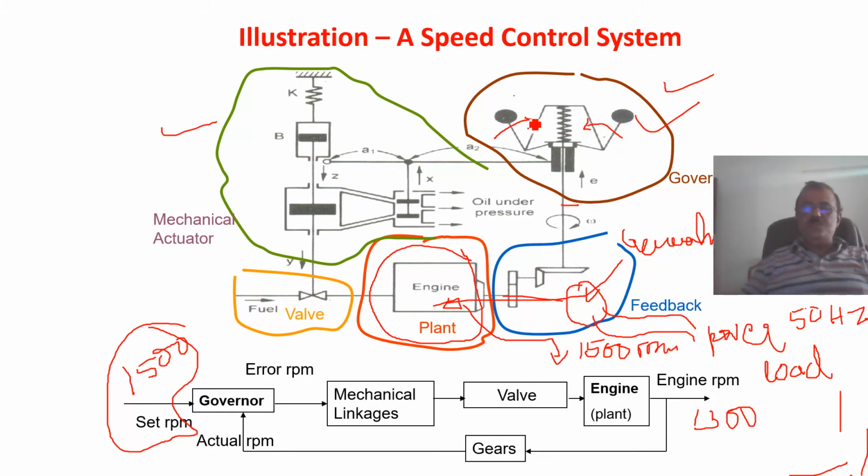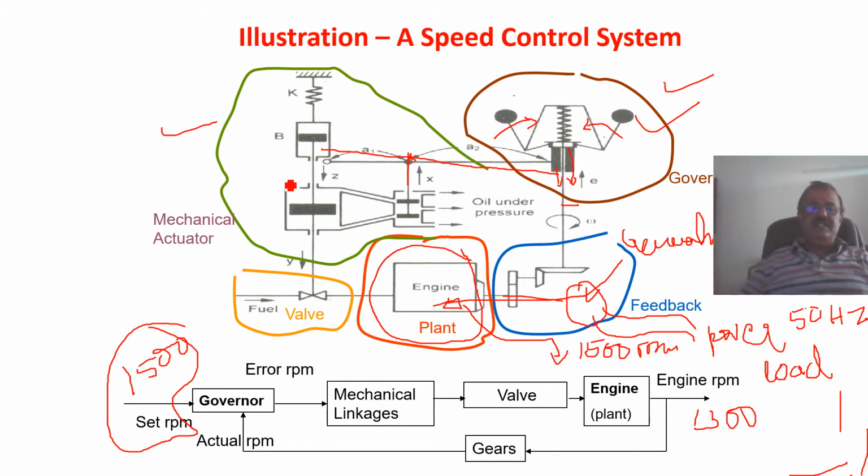Because there is less centrifugal force, the fly balls will move towards the shaft like this. When the fly balls move inward, this linkage will push the sleeve down. When the sleeve goes down, this linkage will take an inclined position like this, and another linkage will move up.